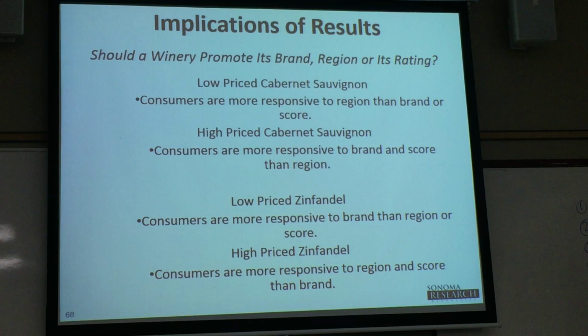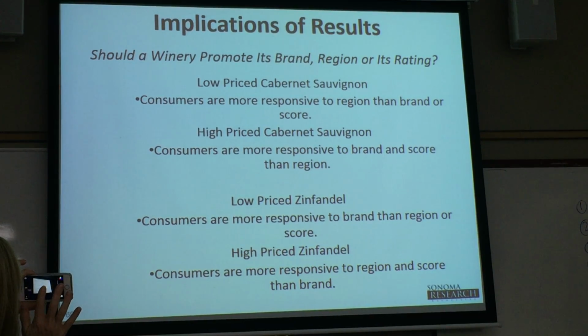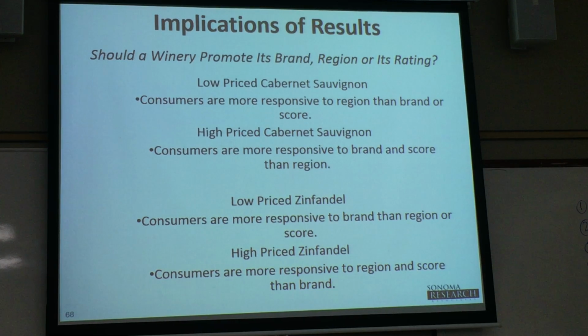And this is really the business nuts and bolts, the business aspect. What should I promote? Marketing dollars are scarce, so you have to spend your money where you're going to get the biggest bang for your buck. If you're a low price cab, what do you brag about? If you're from Napa, you brag about being from Napa. People don't know scores.